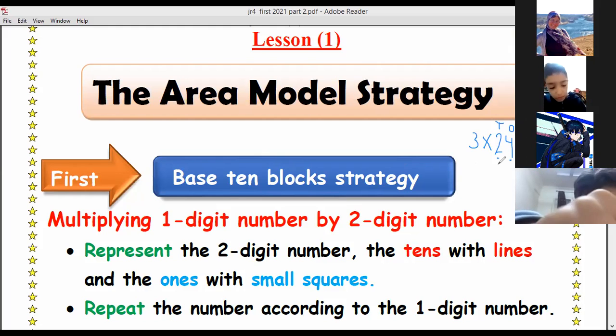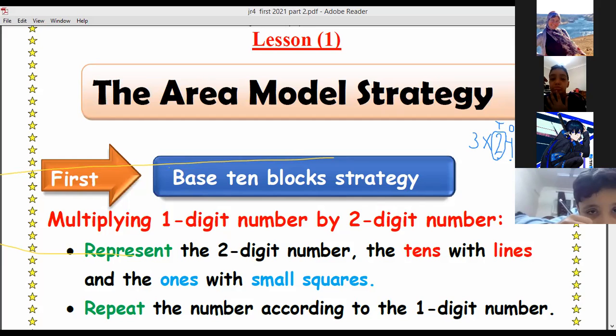Okay, so I have here in ones 4, so I'm gonna draw small 4 squares, and here in tens I have 2. That means I'm gonna draw 2 rods, so I'm gonna draw 1, 2 sticks. Now I represent 24.